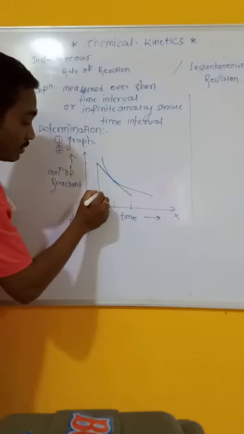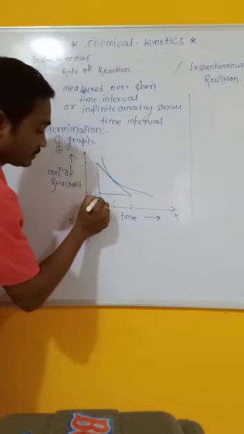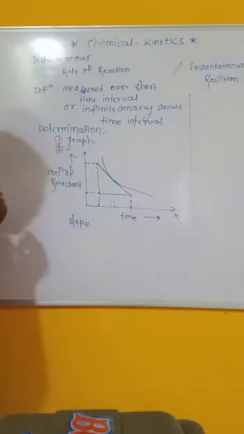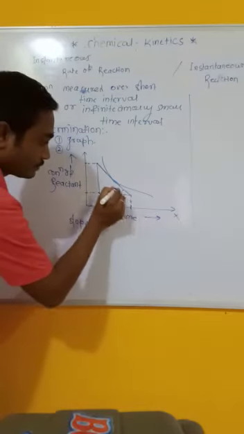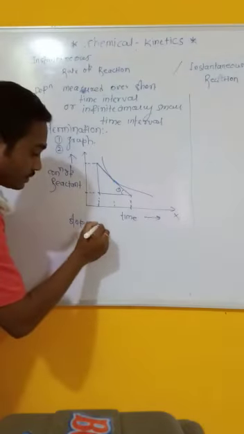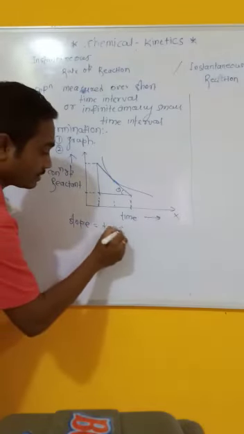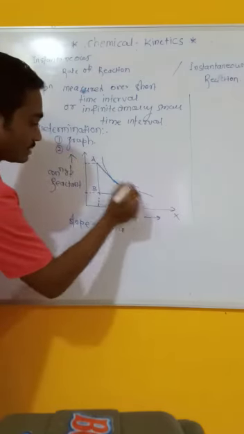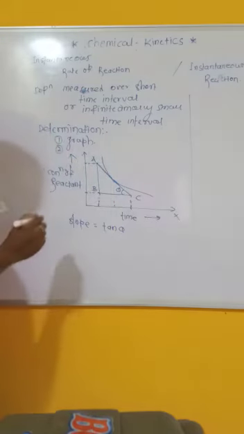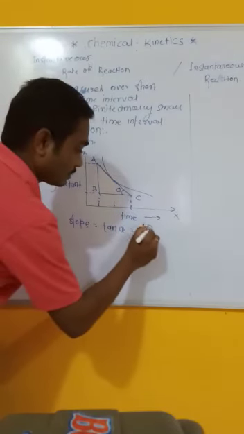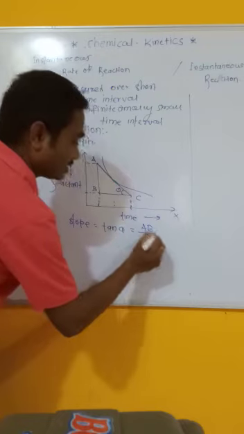Here we have to draw it in such a way. The angle becomes theta. Slope is equal to tan theta. Here we mark A, B and C. The value of tan theta is AB divided by BC.